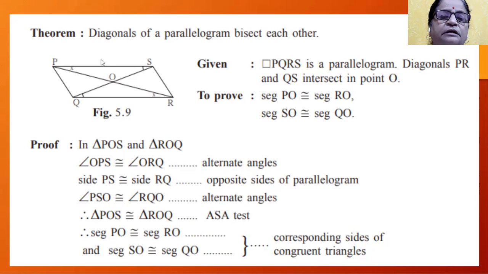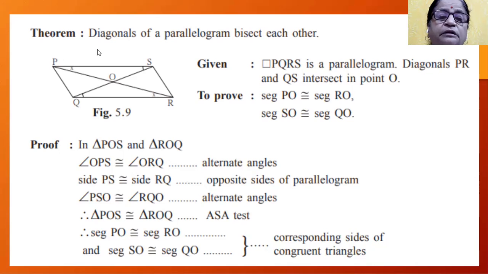The quadrilateral PQRS is a parallelogram, and diagonals PR and QS intersect at point O. What we have to prove is that segment OP is equal to OR and QO is equal to OS. Here it is, we have to prove.